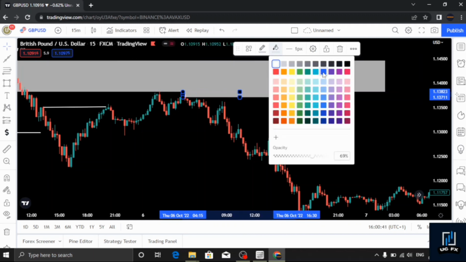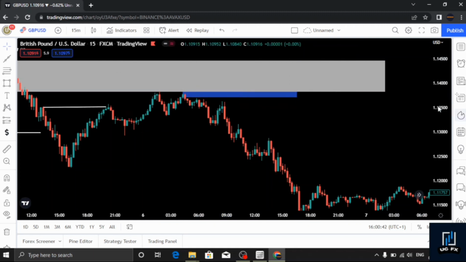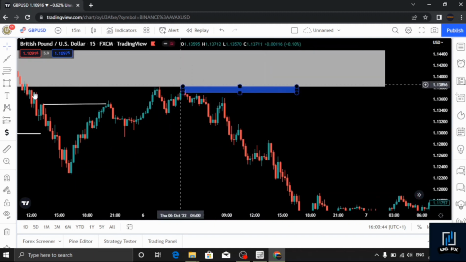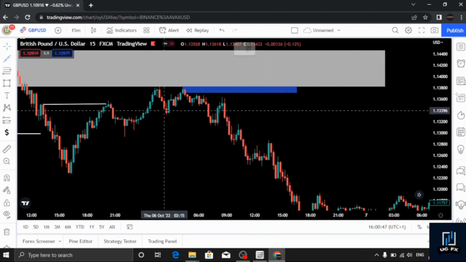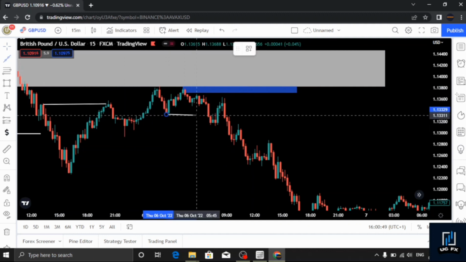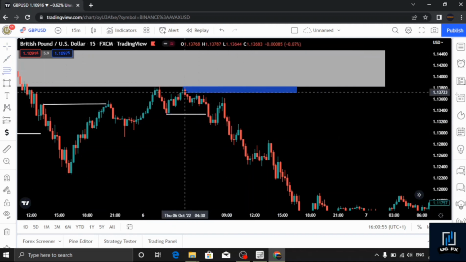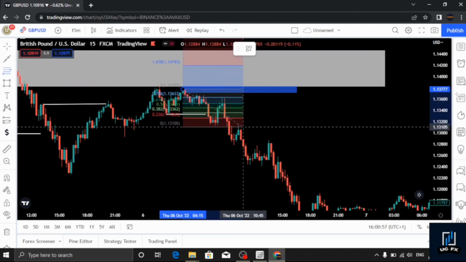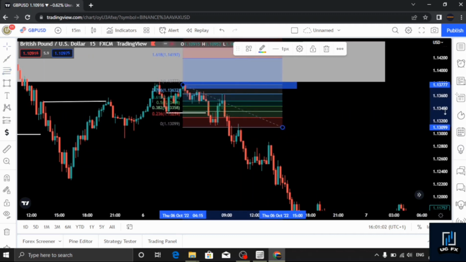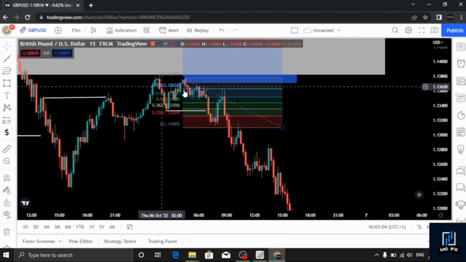So let's take blue. This is our M15 time frame order block, and as you can see as well, we also had a break of structure. And if you take your Fibonacci from the highs to the lows, you will still see that we have our price at a discount level again.